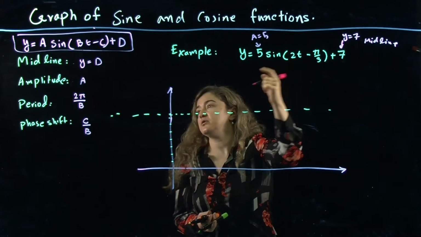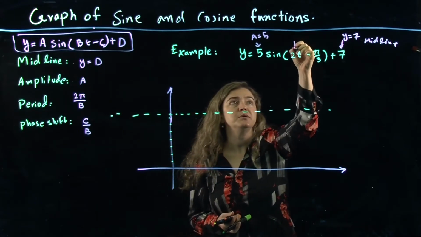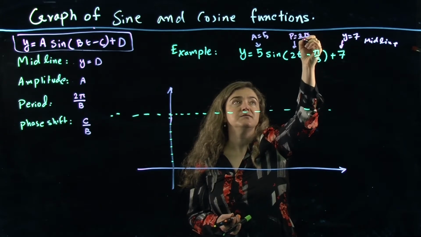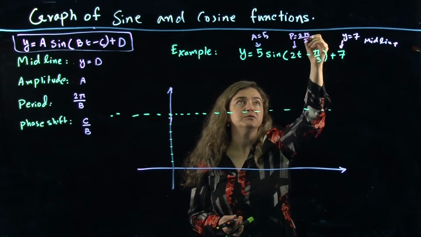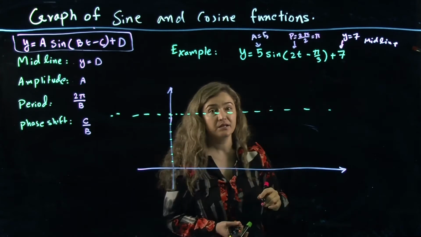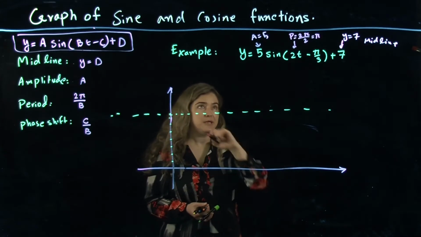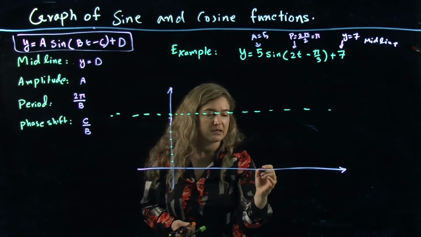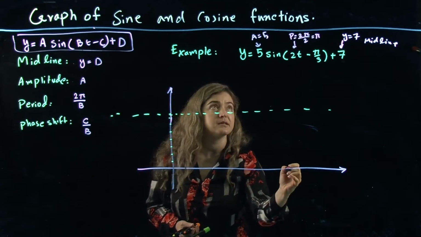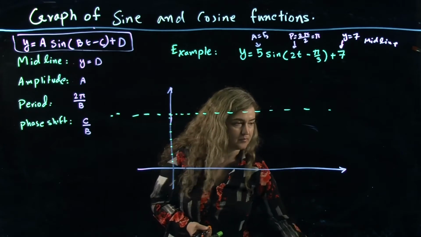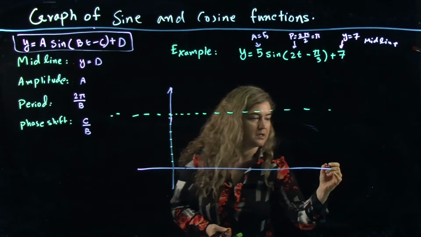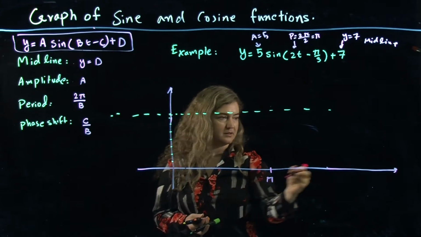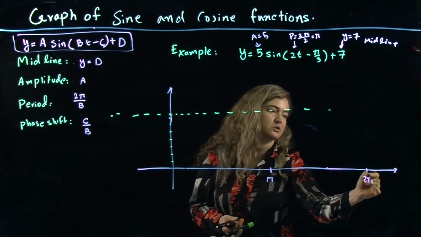What else do I know? I know that the period is going to be 2 pi divided by 2, that is equal to pi. So basically, let's assume this is pi, and this is 2 pi.